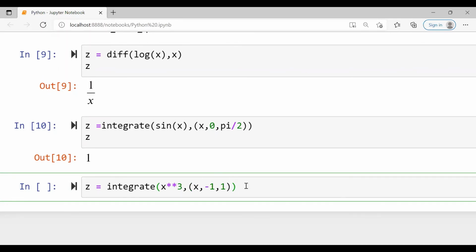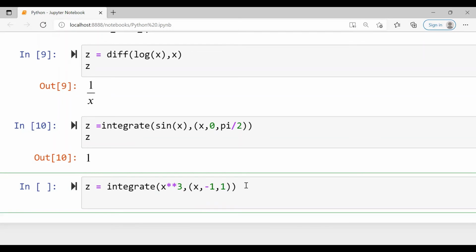Okay, integral of x cube as x goes from -1 to 1. What do you get? Obviously, you get 0, because integral of x cube as x goes from -1 to 1 is 0.